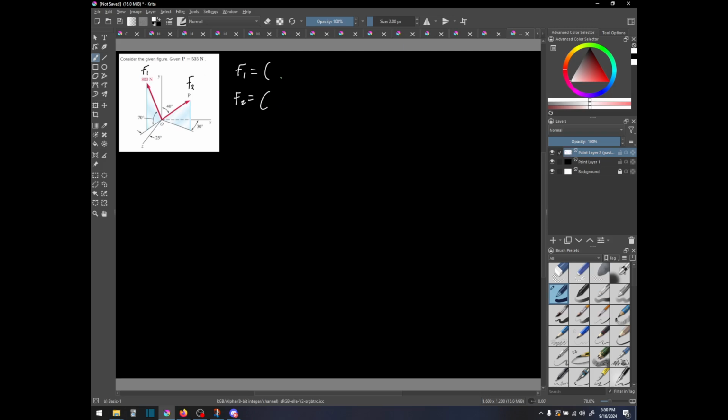So F1 is going to be, oh, we're given all angles. So this isn't even in the right notation.